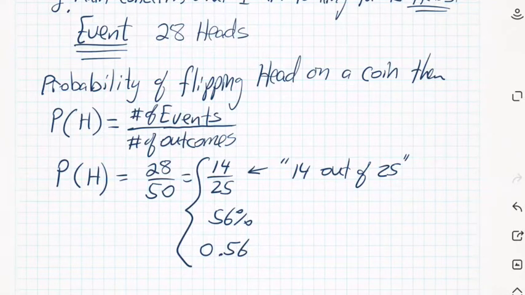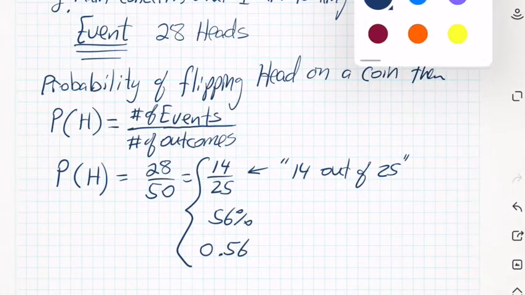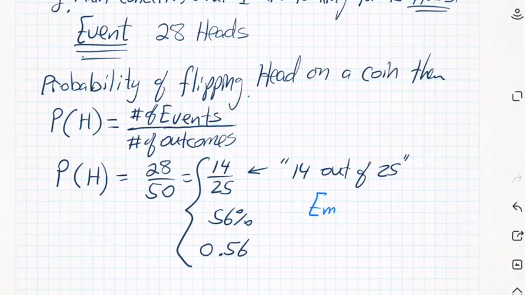Now there's one more definition that we have to talk about. This whole thing where we actually flipped it 50 times, recorded heads and tails to come up with this probability, this whole thing is considered an empirical probability.